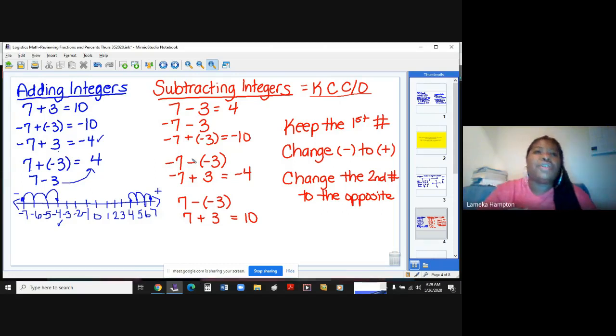And it serves as determining what number is negative. I'm actually going to show you this when we get to multiplying and dividing integers so it can make sense. But for right now, when I read this problem, I read it as -7 minus -3. I have two negative numbers that I am subtracting.